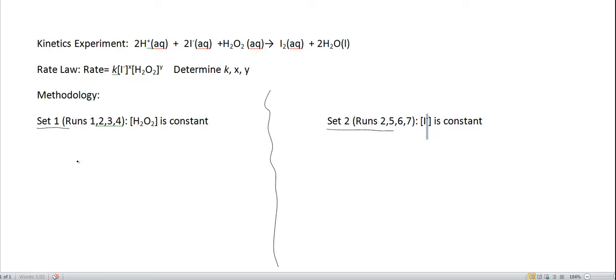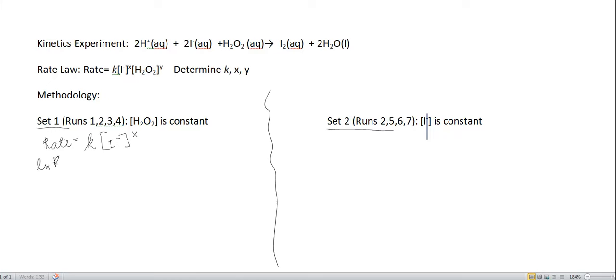So for set 1, since H2O2 is constant, the rate law becomes rate is equal to k times the concentration of iodide raised to the x. We take the ln of both sides.